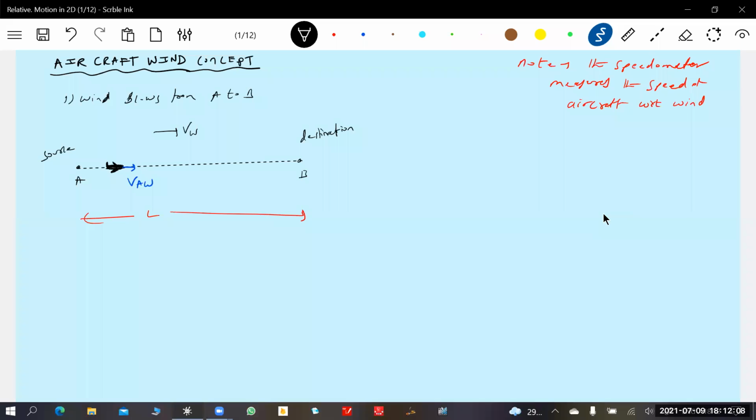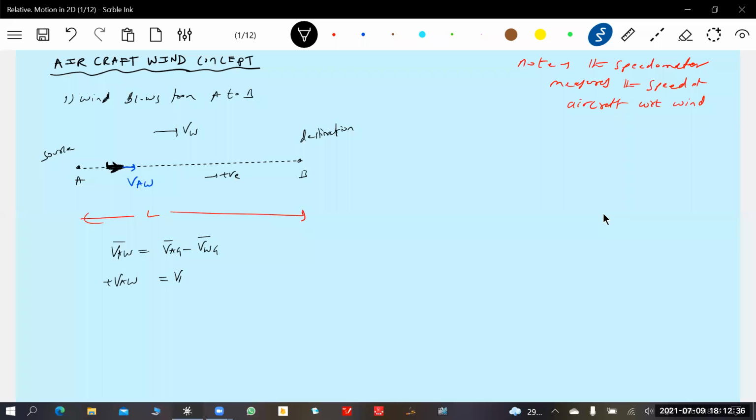Then what is the time taken? For that, I should know the absolute velocity of the plane with respect to ground. The source and destination must lie on the ground. Agreed? So the velocity of aircraft with respect to wind should be equal to velocity of aircraft with respect to ground minus velocity of wind with respect to ground. Anything towards the right, let it be positive.